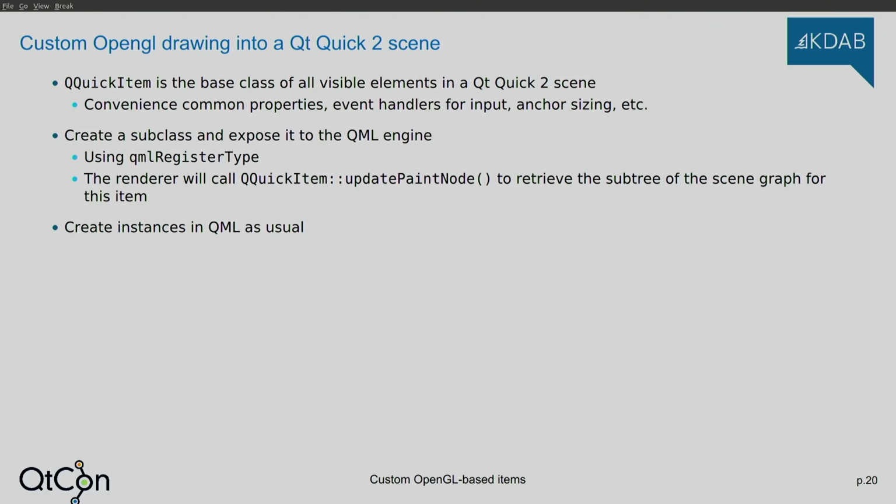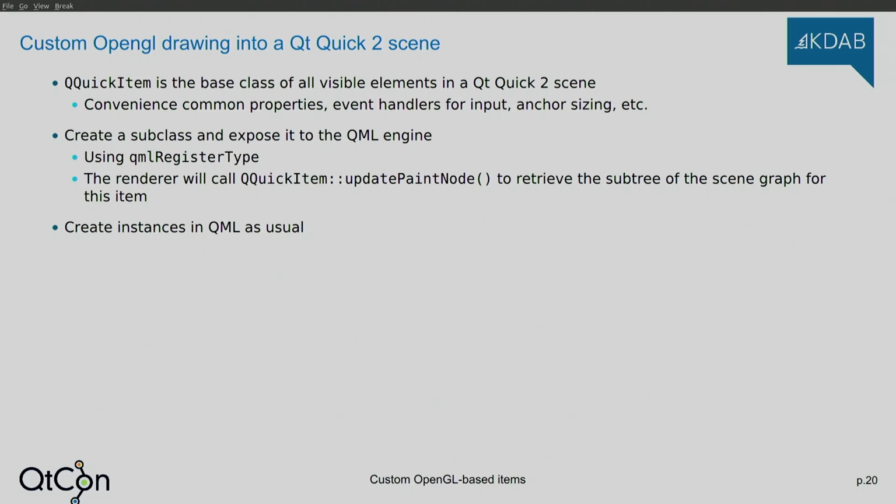So QtQuick 2, as I told you, you program it in QML, but it also has a C++ API. In particular, that guy that we already saw, QQuickItem, is the base class of all visible content inside a QtQuick 2 scene. It's the class that instantiates the Item element in QtQuick. So all the stuff that is inside Item, including input handling for keyboard, mouse, and touch input, resizing, transformations, is all inside QQuickItem.